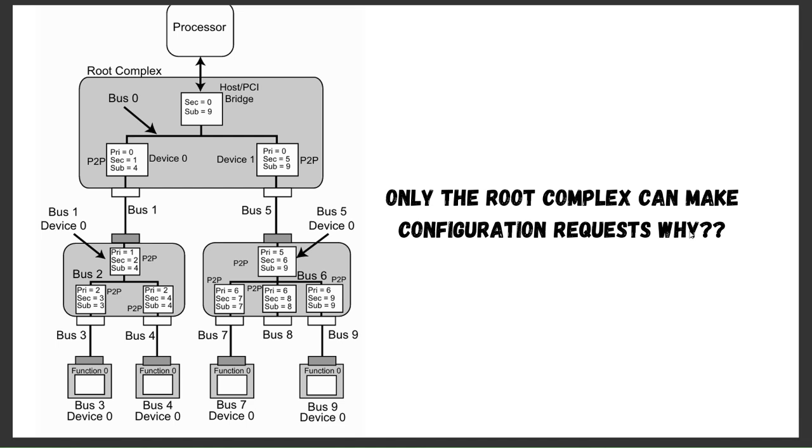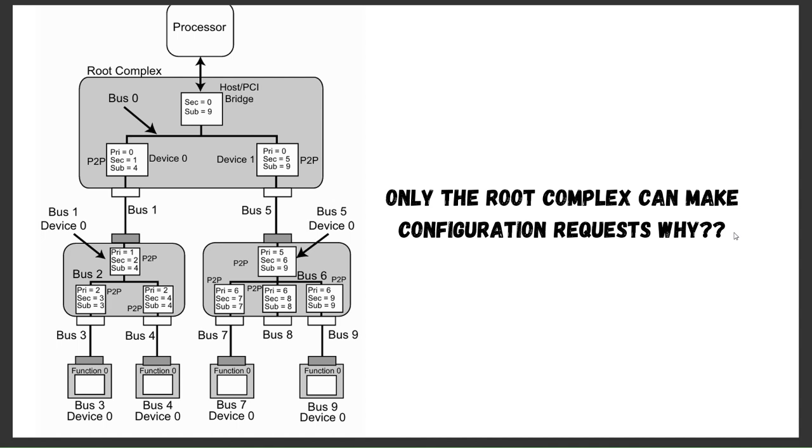So why can only the root complex make the configuration request? In a PCI system, the root complex, which is connected to the processor, is the only part of the system allowed to make configuration requests. In other words, the root complex acts like the manager of all configuration activities. This manager sends configuration requests like instructions to the PCI devices and makes sure everything is set up properly.